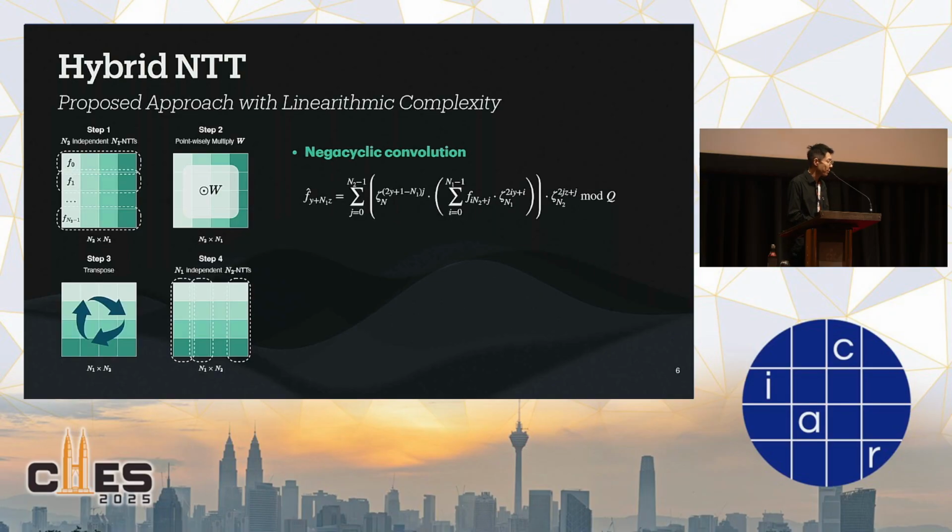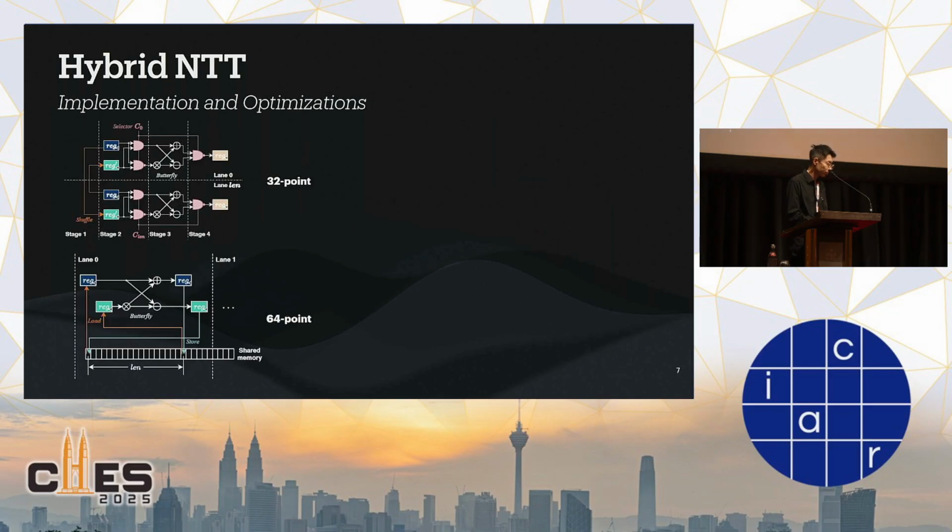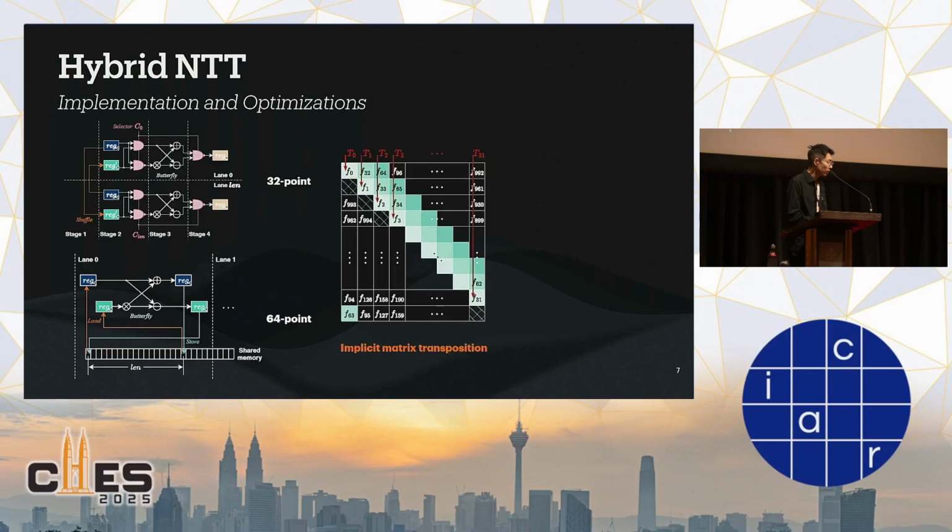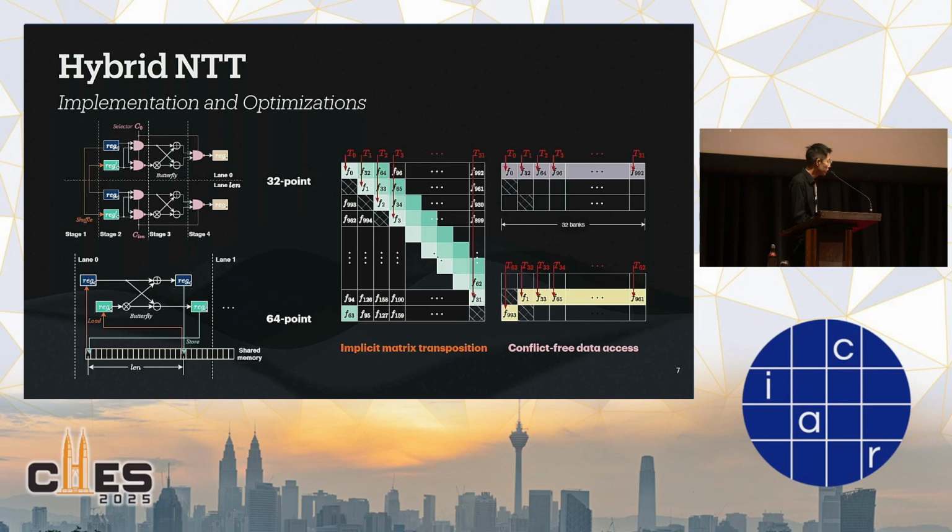In our method we use negacyclic convolution in step 1 and cyclic convolution in step 4. And in our implementation, we have done a lot of optimization with regard to the memory access pattern. We actually implemented an implicit matrix transposition without conflict.